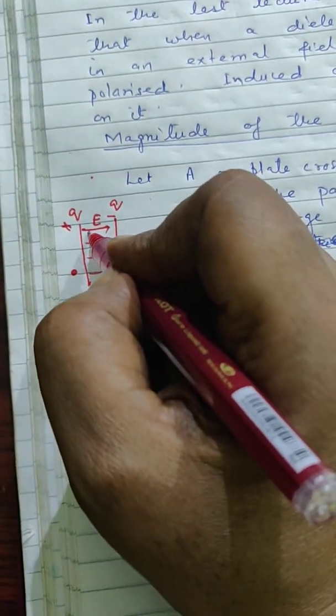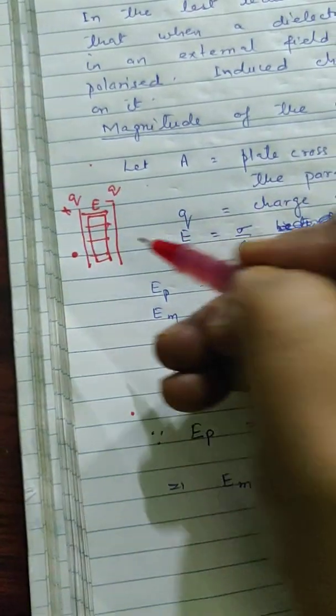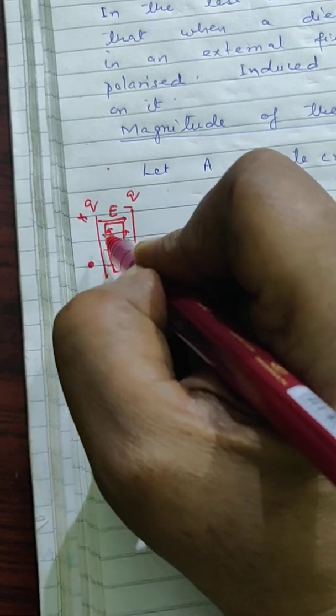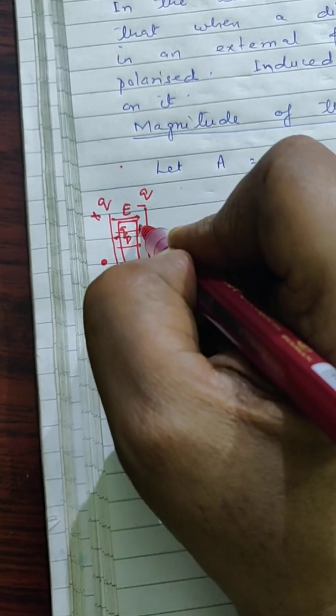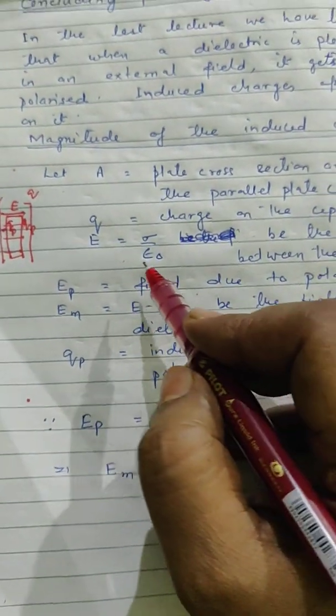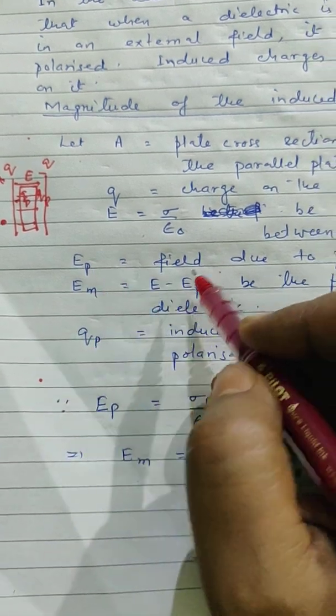And again we have placed a dielectric. Imagine that you have placed a dielectric in between the plates. Induced charges appear, say QP. Let me represent the induced charge as QP, and the electric field due to polarization as EP.